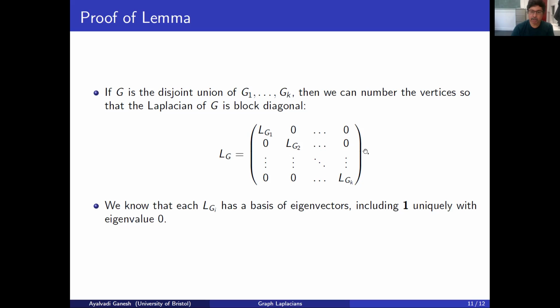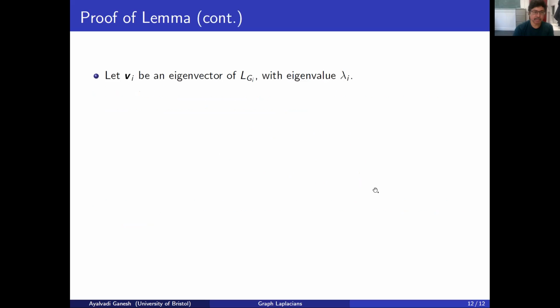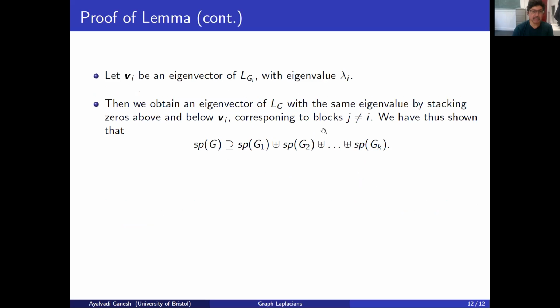The ith block is LGi Vi, which gives us lambda i Vi, and then we have zeros below as well. So we get lambda i times this long column vector with Vi in the ith block and zeros everywhere else. Okay, and that's what I've said here.